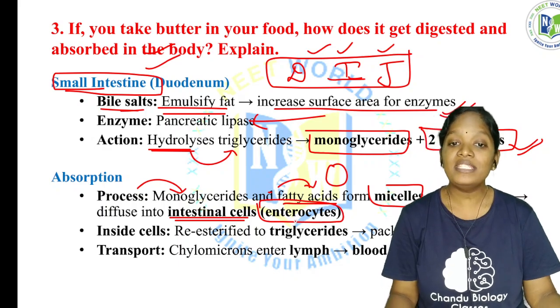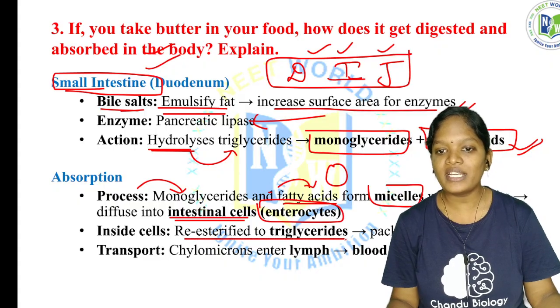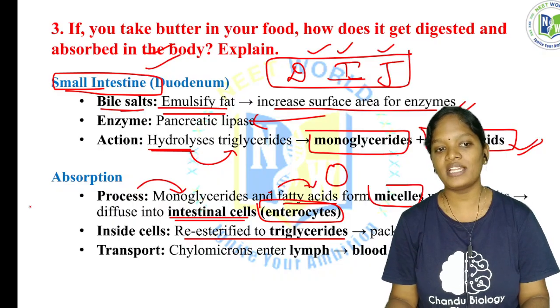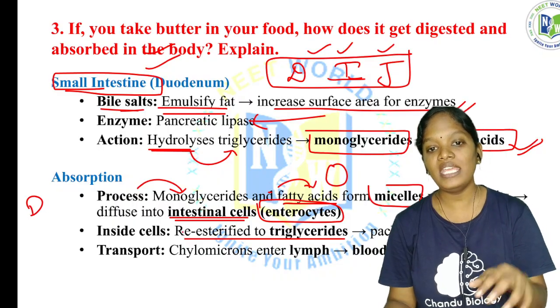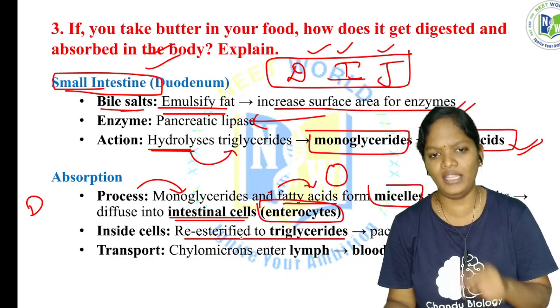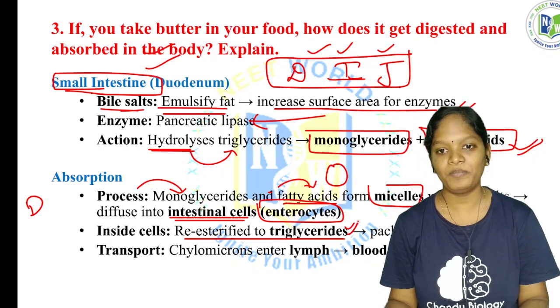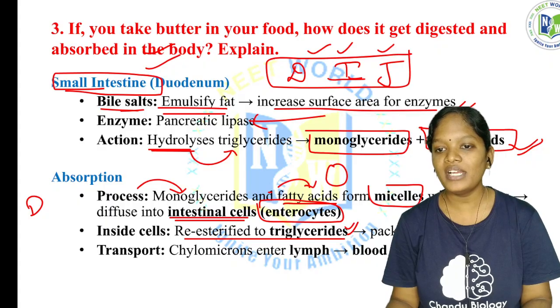Inside the enterocytes, they are re-esterified to triglycerides. This is very important. After digestion, once again inside the enterocytes, they are re-esterified back to triglycerides. All these triglycerides are packed into chylomicrons, another important point.